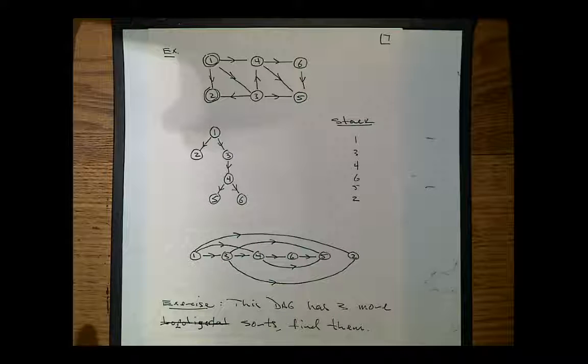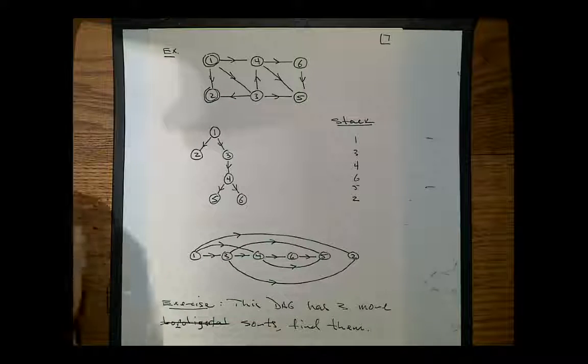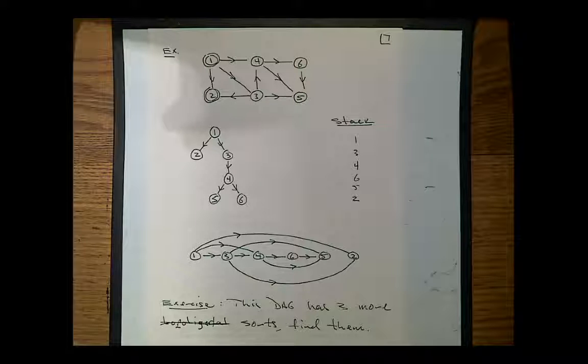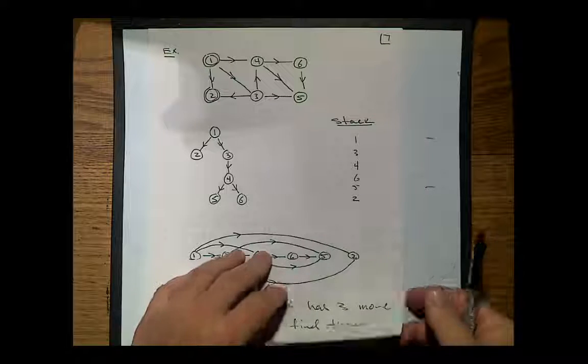I don't know of a way to count the number of topological sorts in a digraph, in a DAG. There probably is a way, but I don't know it. It's an interesting problem. How did I come up with this order?